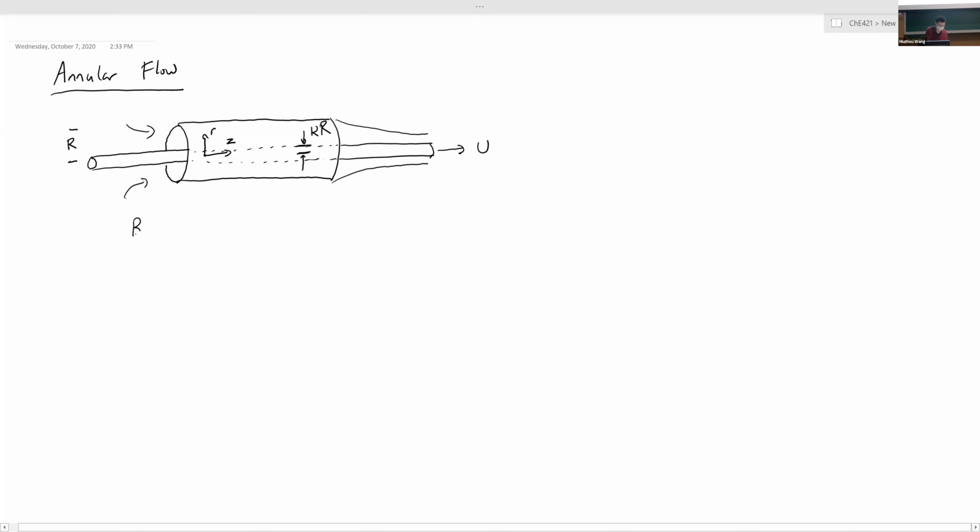I'll say both ends of the cylinder are open. So in other words, they're at ambient pressure, so no pressure gradient in z.